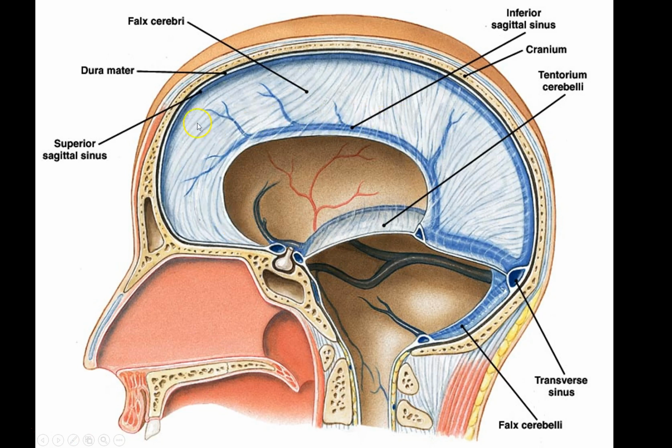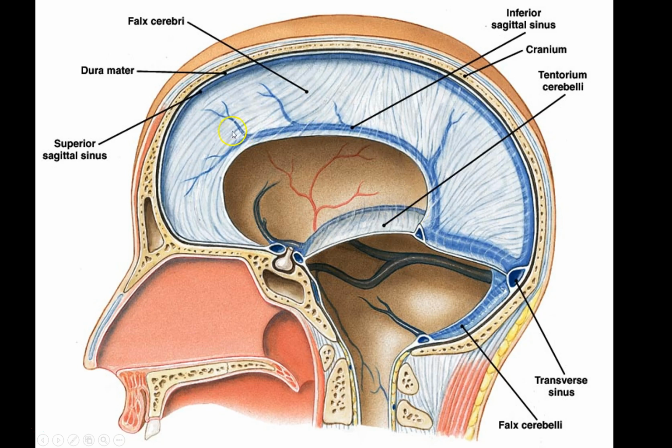This white sheet right here, falx cerebri. We have a very small one right here dividing the cerebellum, another portion of the brain, into right and left halves, falx cerebelli. And then this portion here divides the cerebrum up here from the cerebellum, keeps them separate. That's tentorium cerebelli.